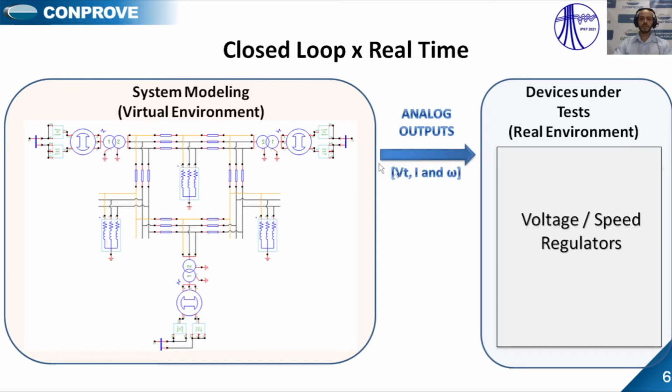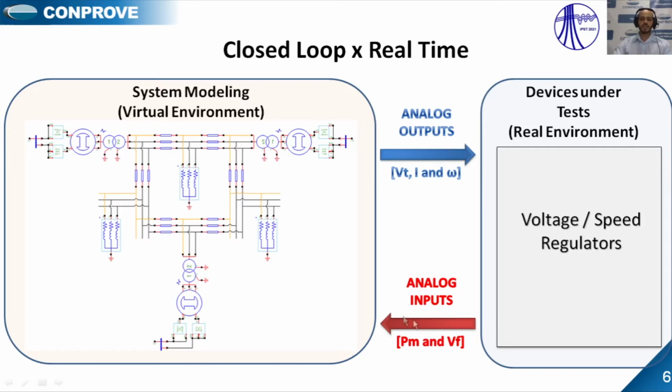We will inject the analog outputs like terminal voltage and current into the voltage and speed regulator, and the answer of the device under test will be mechanical or field voltage. And this condition will be used inside the simulator, and again the output will be changed in each time step.